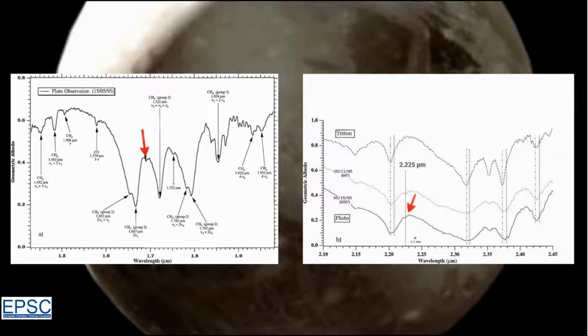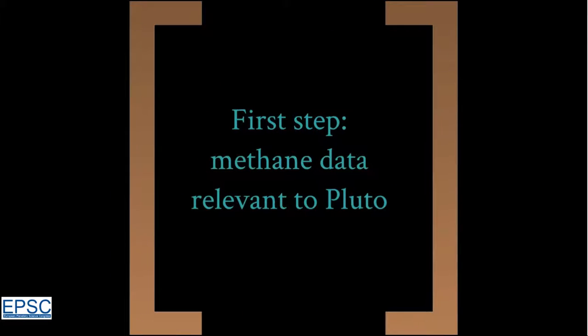The research of the origin of the first one will help us learn more about Pluto's surface. Firstly, we'll focus on CH4 and look for corresponding data relevant to Pluto.